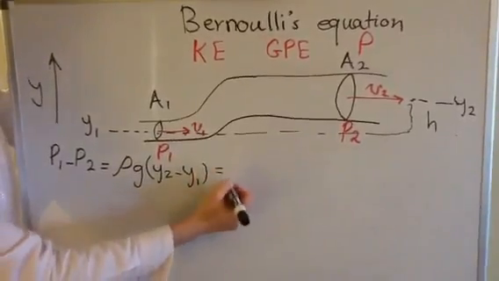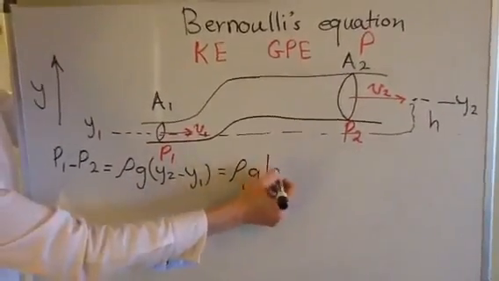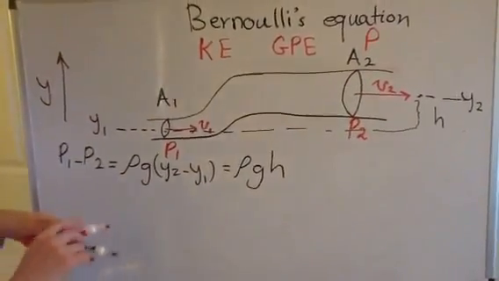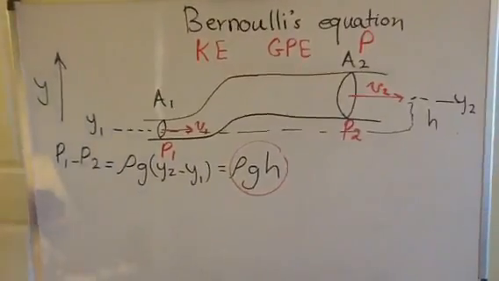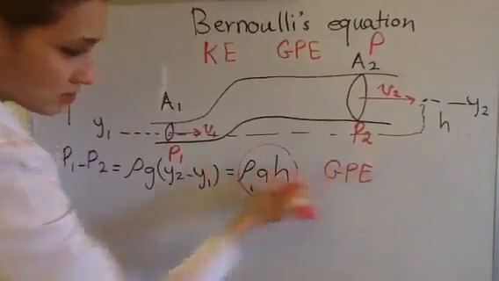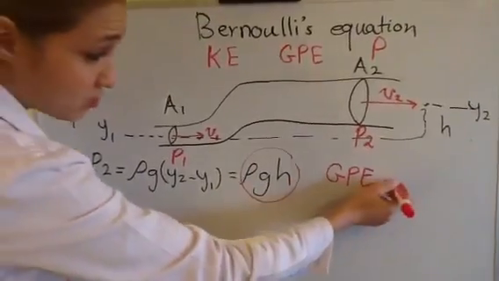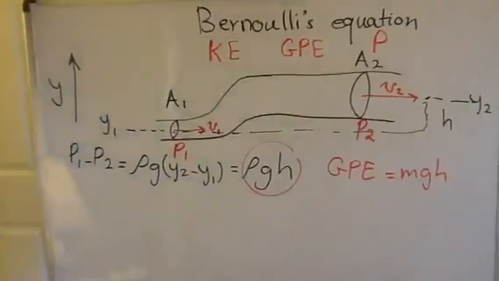And this equals rho g h. This term reminds us of the gravitational potential energy, where the gravitational potential energy equals mgh.